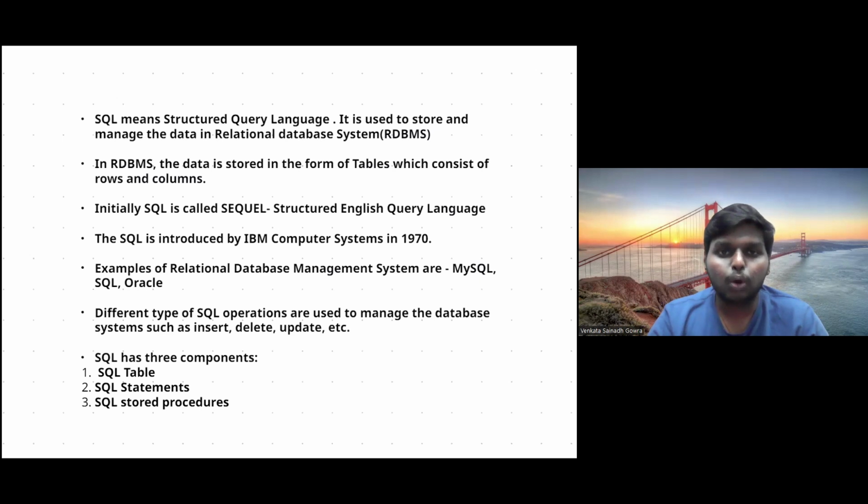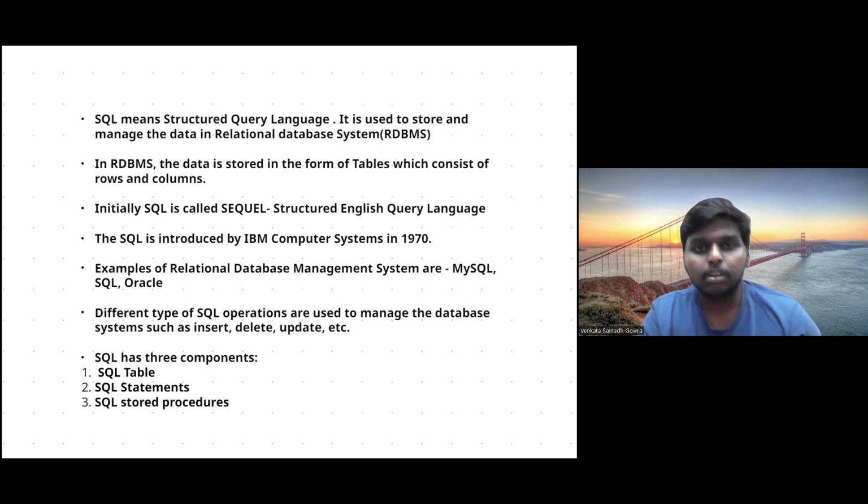Initially, SQL was called SEQUEL, meaning Structured English Query Language, and it was introduced by IBM Computer Systems in 1970. Examples of relational database systems, as we discussed, are MySQL, SQL Server, and Oracle. In SQL, we have different operations which manage the database system, such as inserting, deleting, and updating.